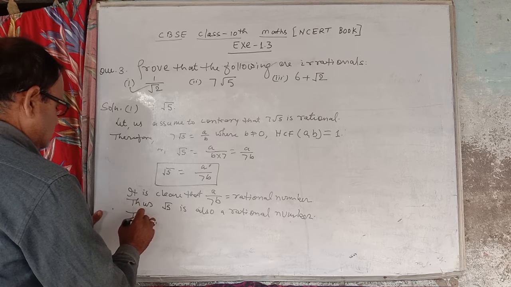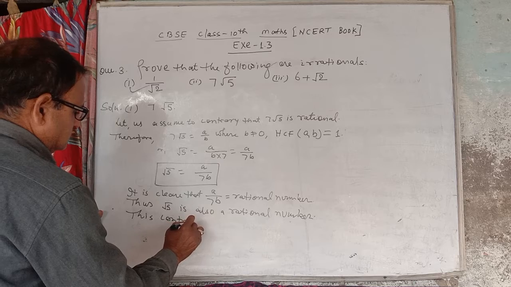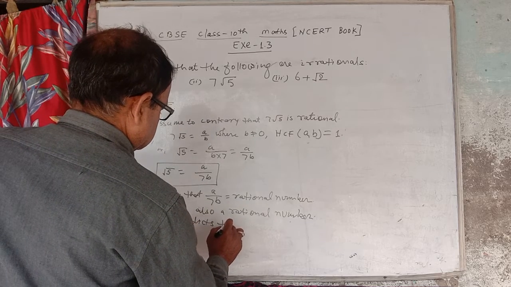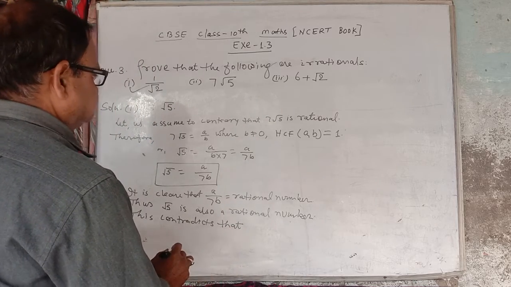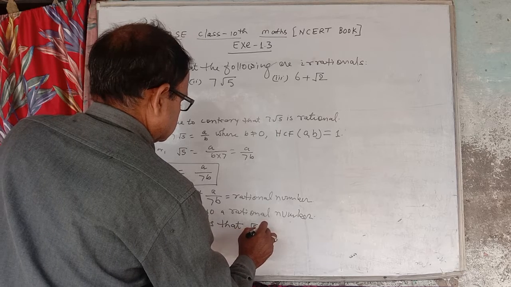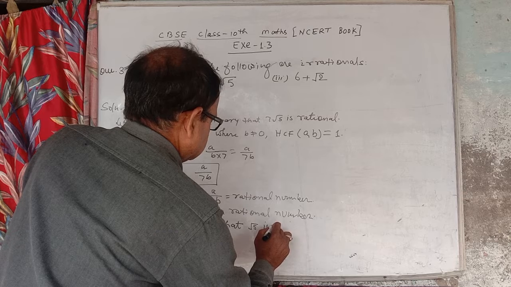This contradicts that root 5 is irrational.